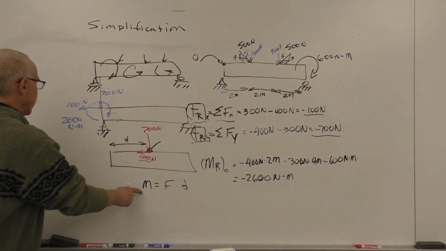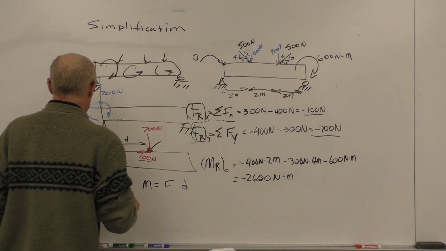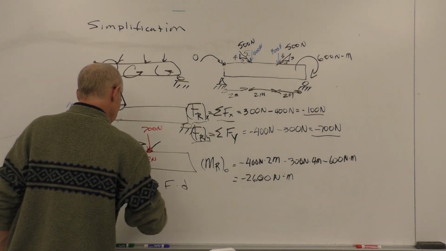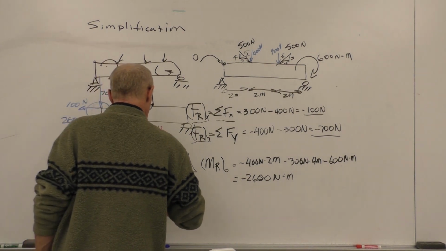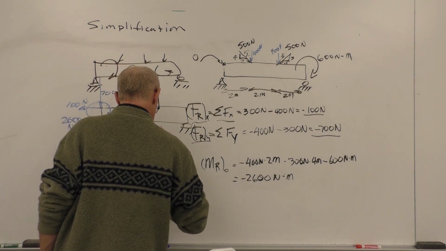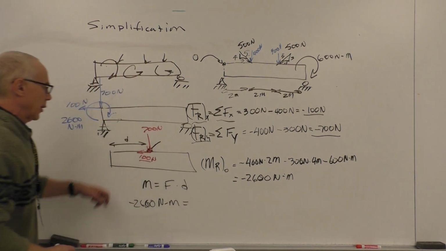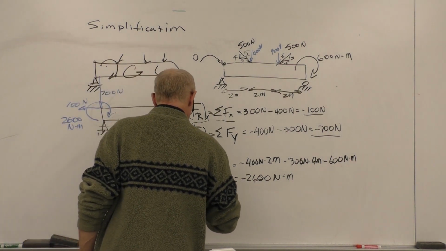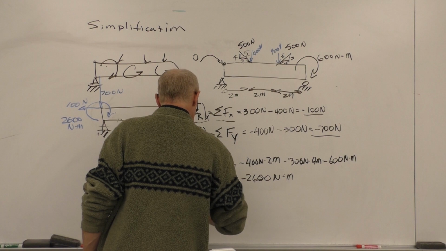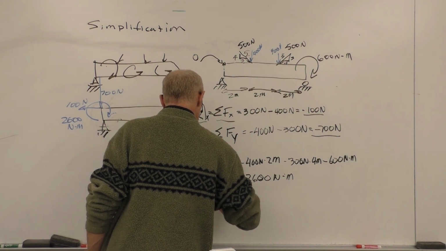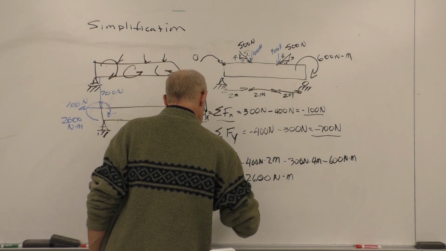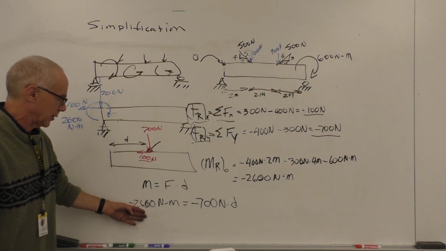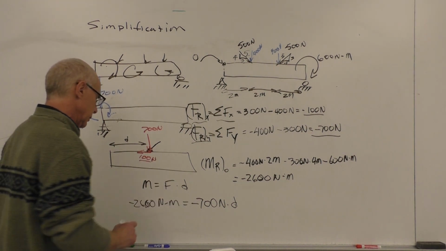So the moment we're looking at is negative 2600 Newton meters, equal to negative 700 newtons times d. And so we can find d as 2600 divided by 700.